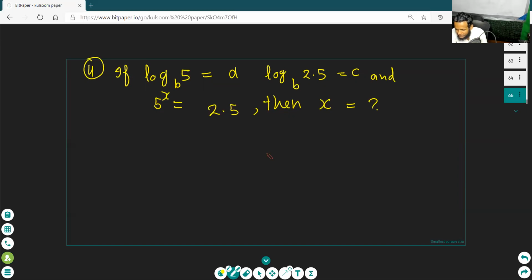I give you the options: A is equal to 2, B is equal to 2.5, C is equal to 3, D is equal to 10.25, and E is equal to 100.